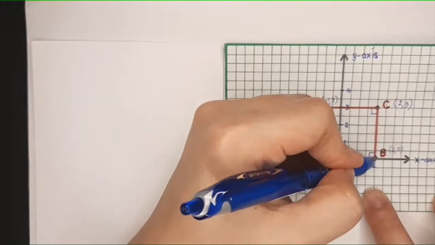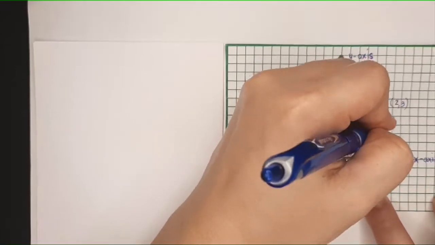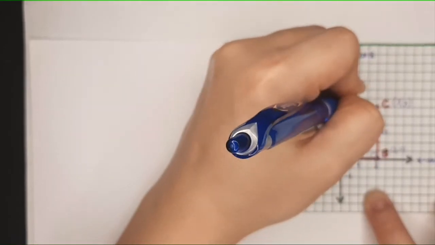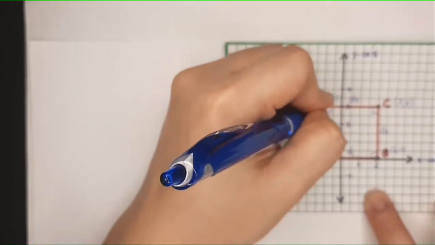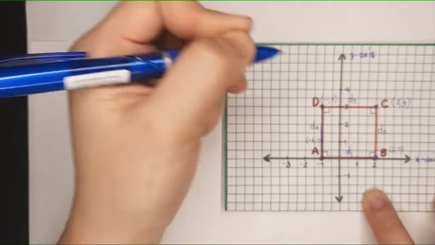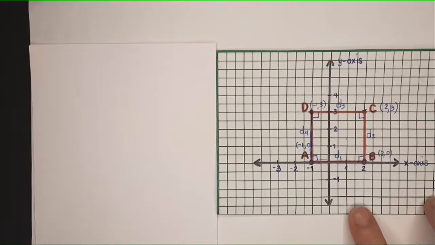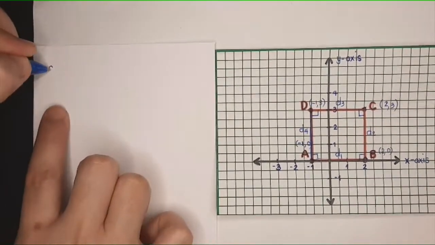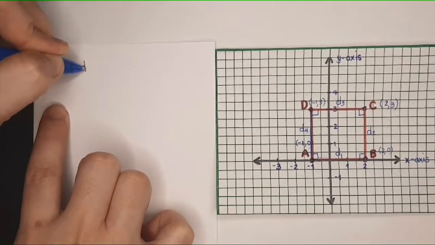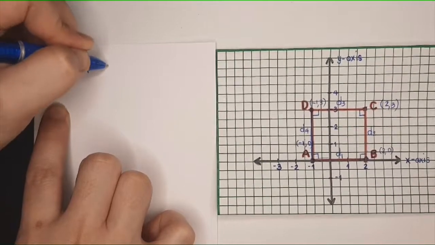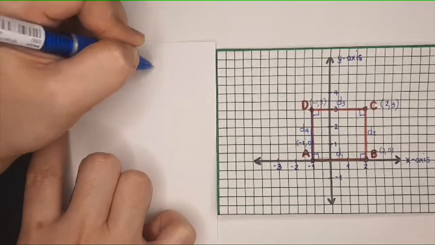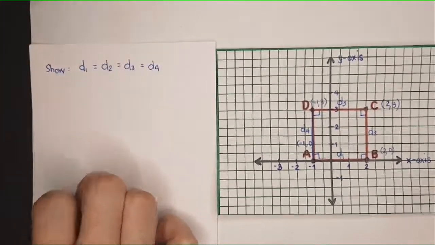The distance between points B, C, D sub 2. C, D, D sub 3. And this one, the distance between these 2 points, D sub 4. So this is what we will show: that D1 is equal to D2, equal to D3, equal to D4.